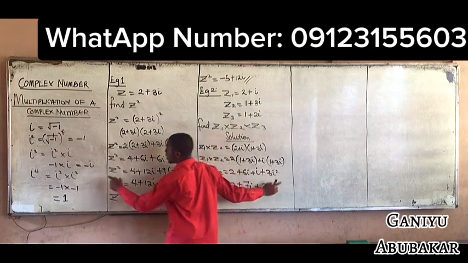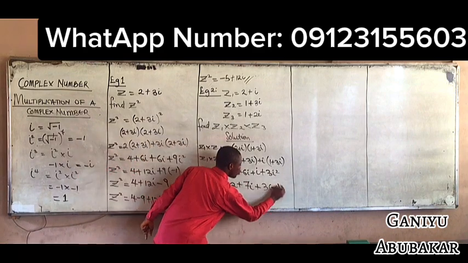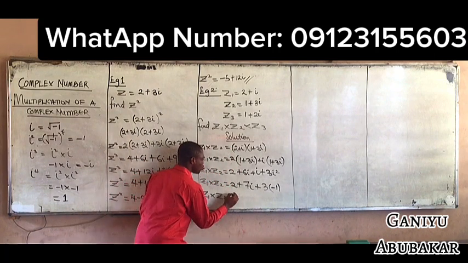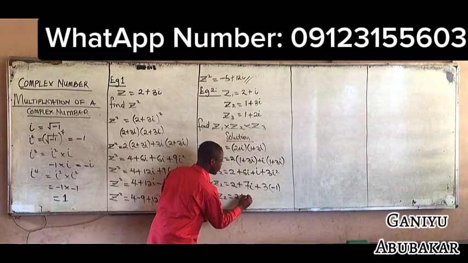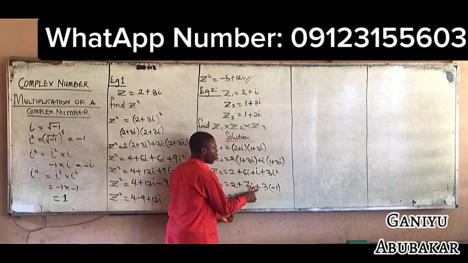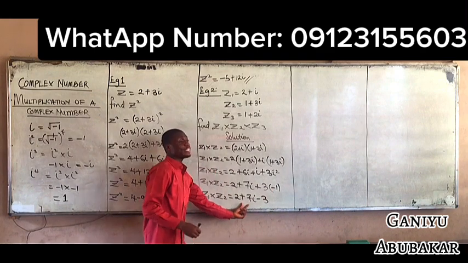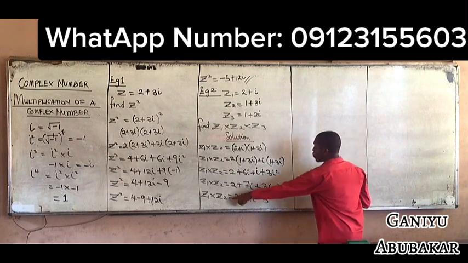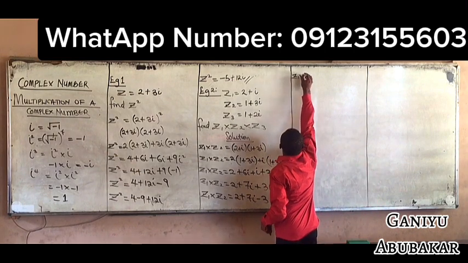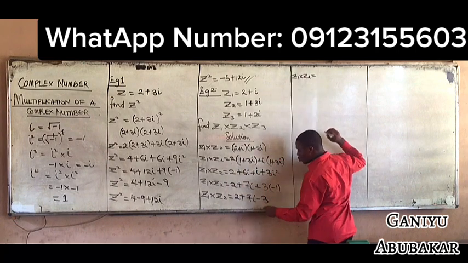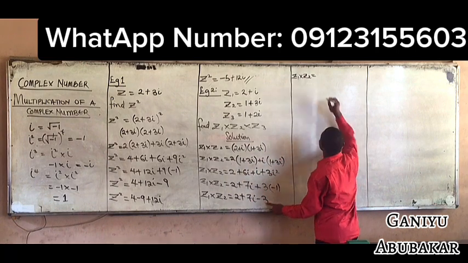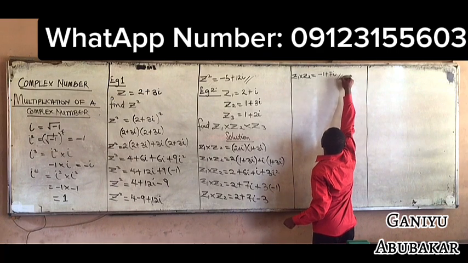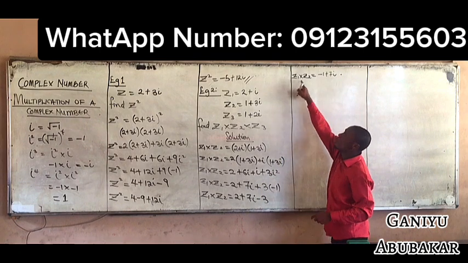What's i squared? i squared is minus 1, so that becomes minus 3. At this point, I take the real parts together and the imaginary parts together: 2 minus 3 is minus 1, plus 7i, as my value for z1 times z2.